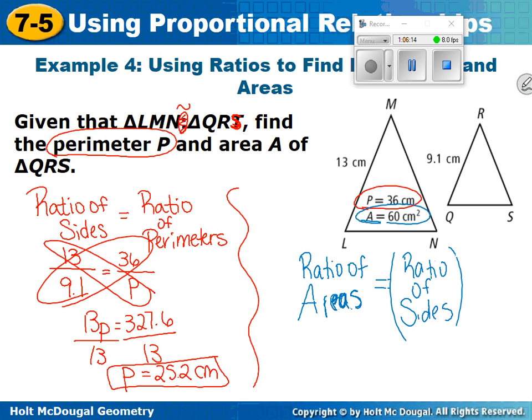So we have 169A equals, what is 60 times 82.81? 4,968.6, and then we're going to take that and divide by 169.